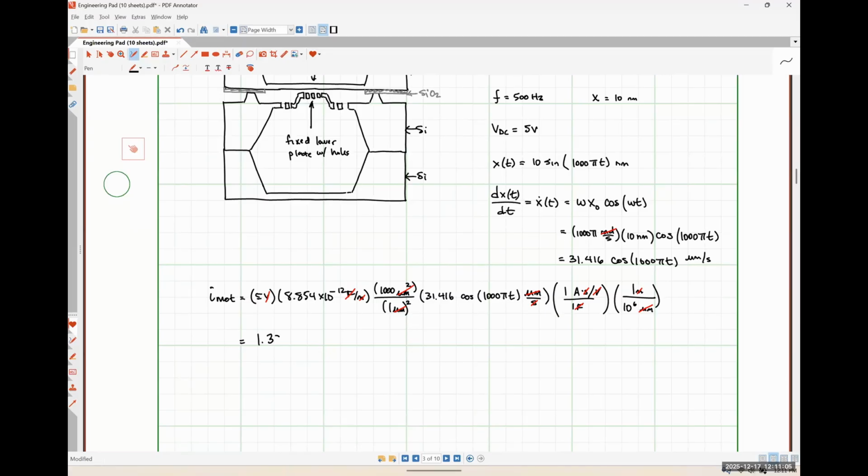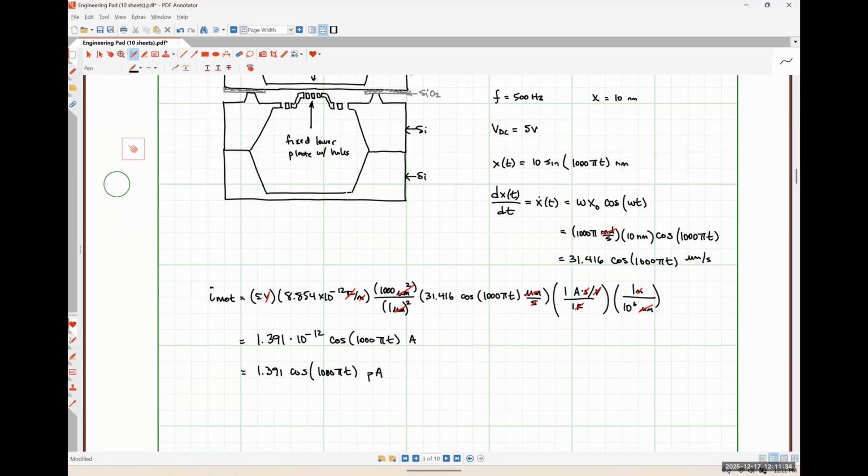So 1.391 times 10 to the minus 12 cosine 1,000 pi t amperes, or 1.391 cosine 1,000 pi t pico amps.